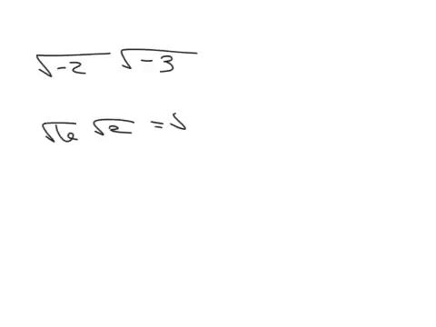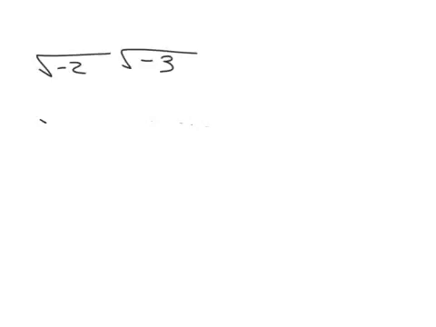The next section says we're going to simplify the square root of negative 2 times the square root of negative 3. Now what you might try to do is say, okay, well, the square root of 6 times the square root of 2 is the square root of 12. Yes, that's true. When you're using negative numbers under the radical sign, the first step is always get rid of the negatives first.